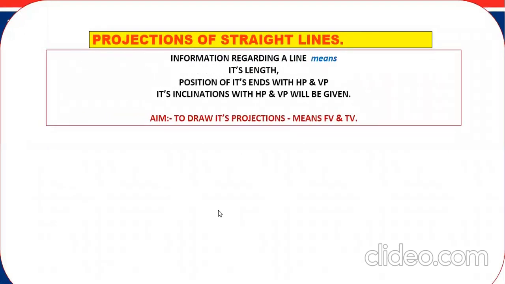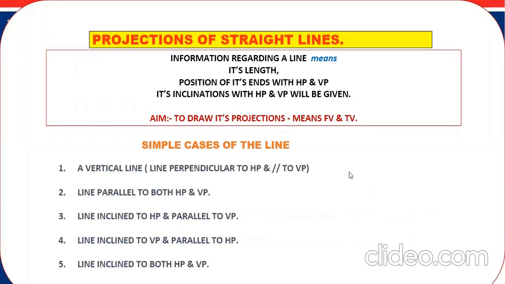Now projection of lines means its length, position of its ends with HP and VP, and its inclinations with HP and VP will be given. So simple cases of the line: first case, a line perpendicular to HP and parallel to VP.